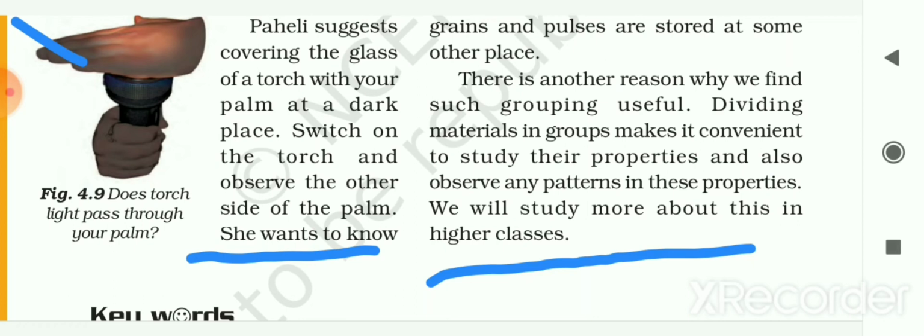Then hardness, whether the object is soft or hard. Then solubility, whether the object is soluble or insoluble in water and other kinds of liquids. Then the floating property, whether objects float on or sink in water. And lastly transparency, whether the object is transparent, opaque or translucent.